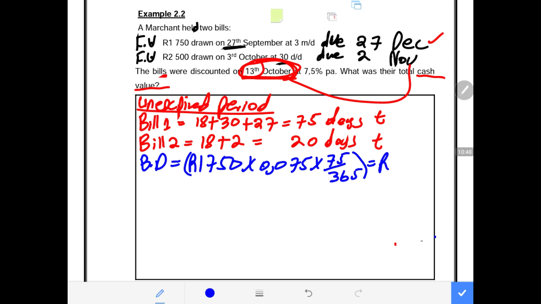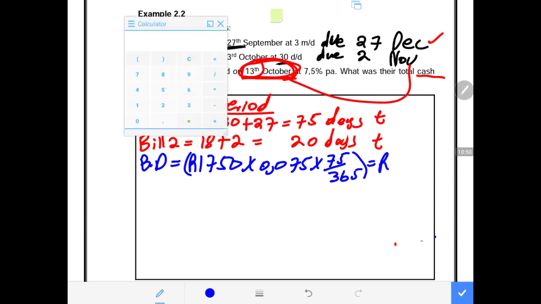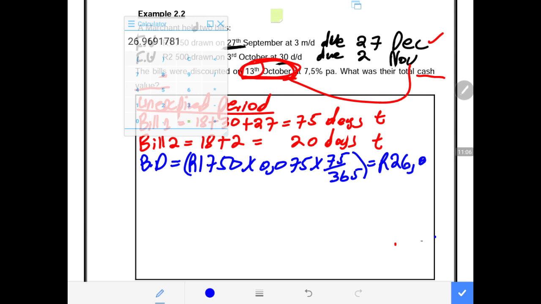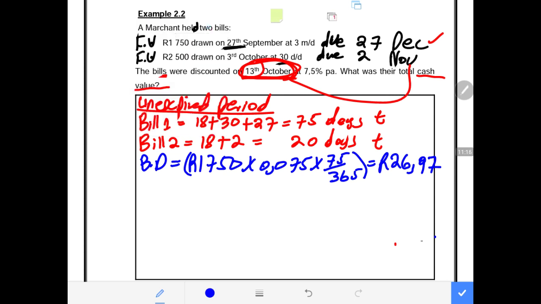Now let us do that calculation: 1,750 multiplied by 0.075 times 75 divided by 365 days in a year. That means the bank will charge interest of 26 rand 97 cents. That means for the first bill, the merchant will not receive the full amount, but he will receive the cash value.